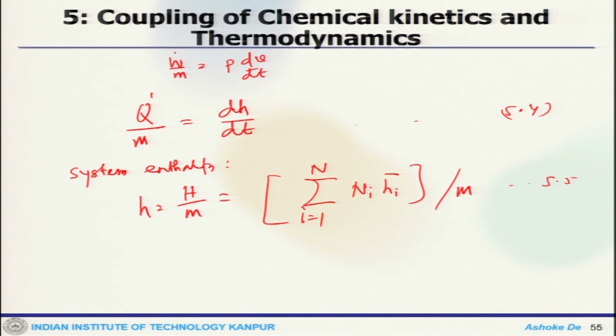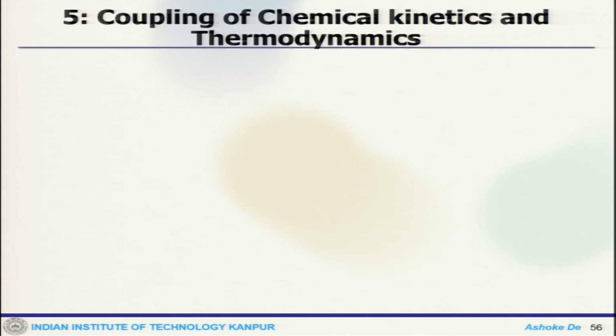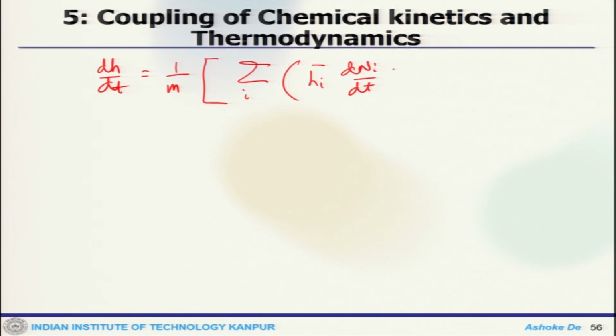Now, differentiating the previous equation gives you dH by dt, which is 1 by m, summation over i Hi dNi by dt plus summation over i Ni dHi by dt.